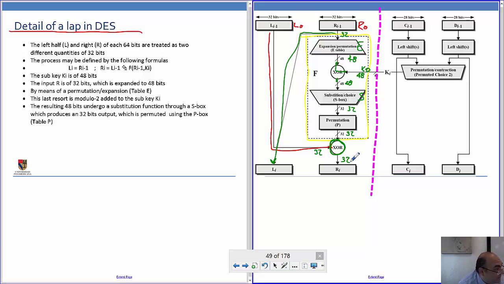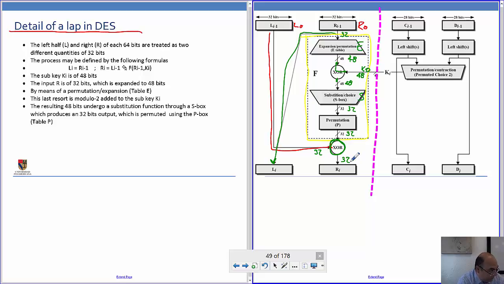So remember, this is a substitution permutation network. Many substitutions, many permutations give the same result as having a really large substitution and permutation. Okay? And on the right side, we have the subkey generation.